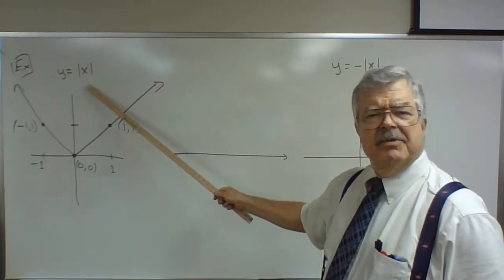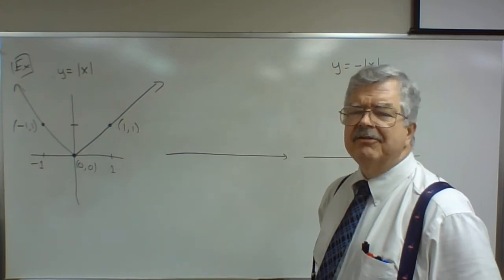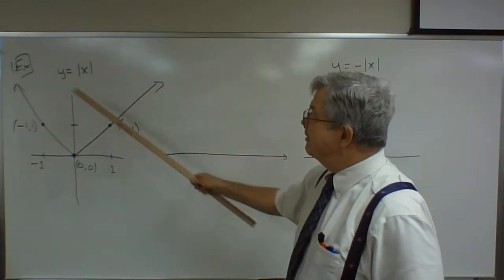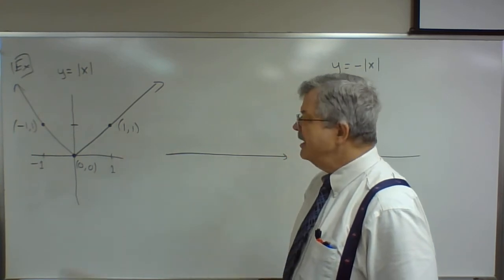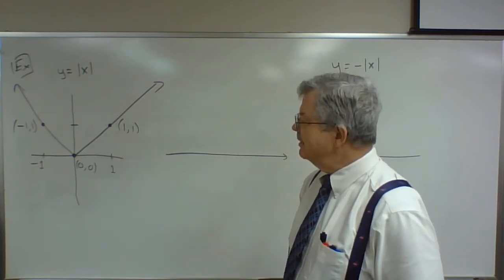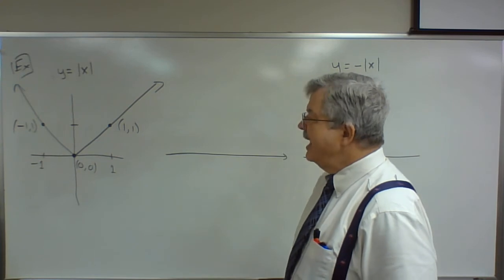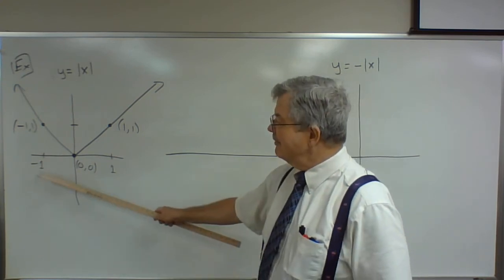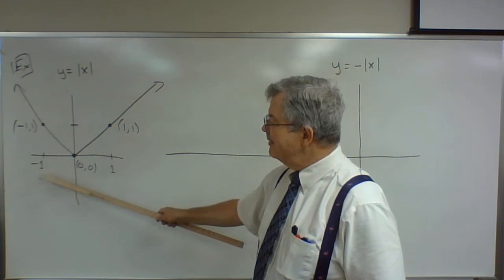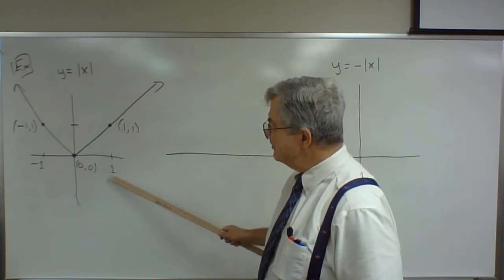We haven't worked with this basic function today, so let's work with it. The graph of y equals absolute value of x. This is one of those that we're supposed to know. And if we blank out and forget what this looks like, we can go to our three friends, -1, 0, and 1.